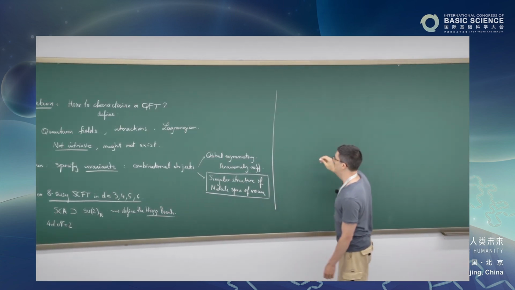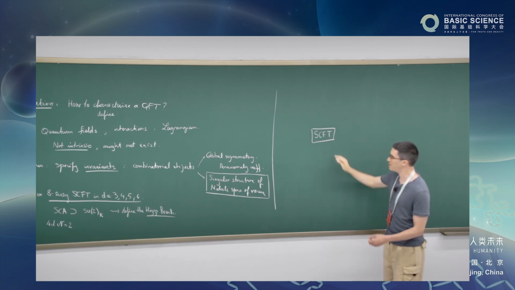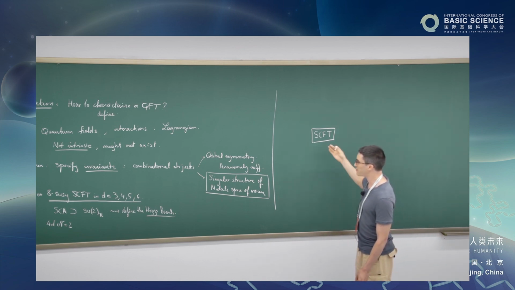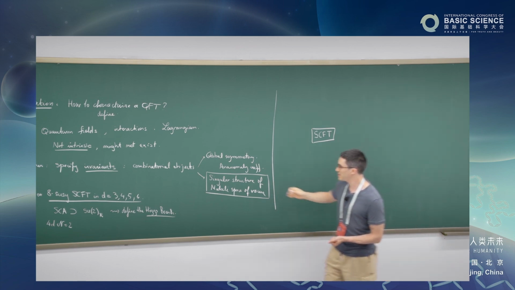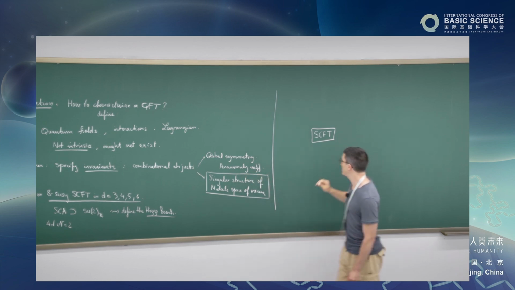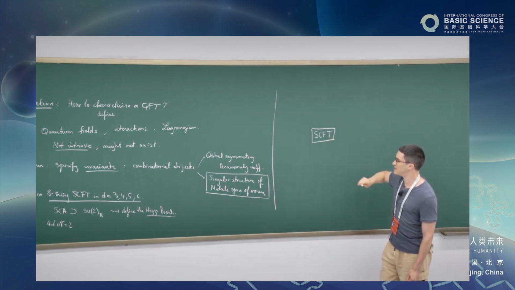Here is the picture. We have a certain SCFT, which is sitting here, a very complicated object. And then from there, I extract something. So my goal is to extract an invariant, something which does not depend on the way that this is defined.